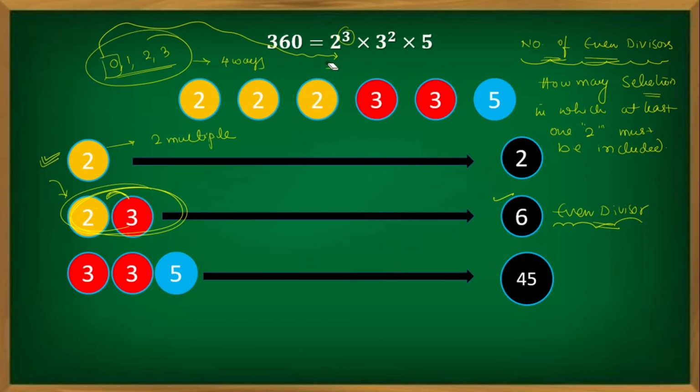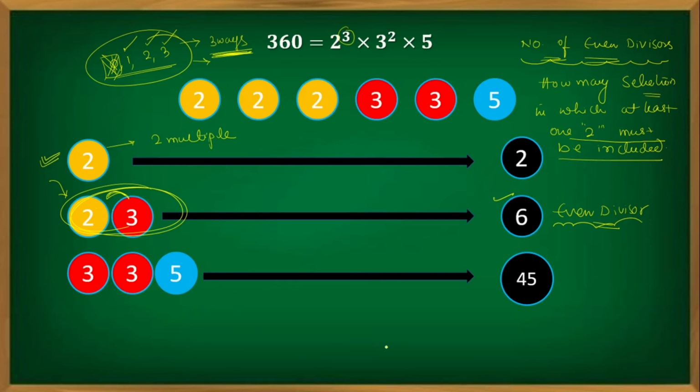Why are we getting it? Because we are considering 0 yellow balls. Now here we want at least one 2. One 2 must be included. Therefore this selection of 0 balls is gone now. So we'll have at least one ball, maybe one yellow ball, maybe two, maybe three. Therefore the number of ways of selecting yellow balls will be only three ways.